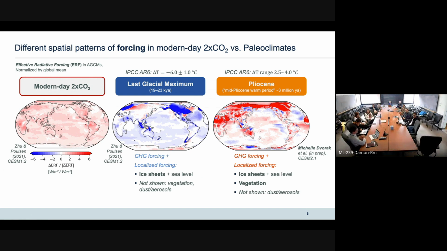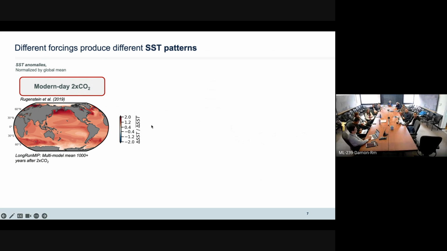There's not only the background forcing from greenhouse gases again, but we also have smaller ice sheets for Greenland and Antarctica. And there's also enhanced vegetation, which is included in this simulation over most of the northern high latitudes and also some of the tropical desert regions, the Sahara, Arabian Peninsula. So we think that these different spatial patterns of forcing should cause different sea surface temperature patterns and then different feedbacks.